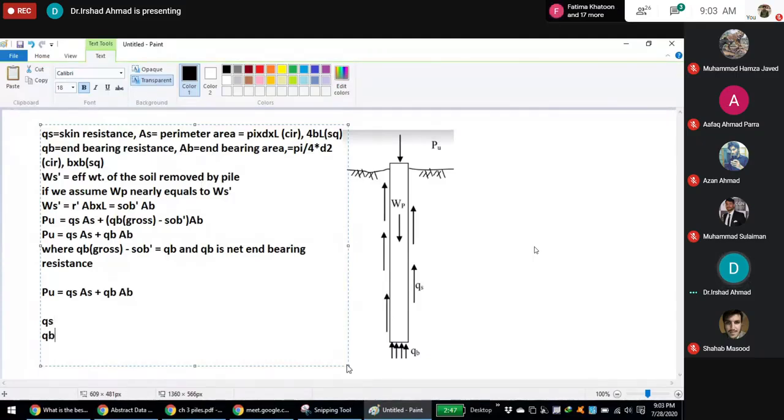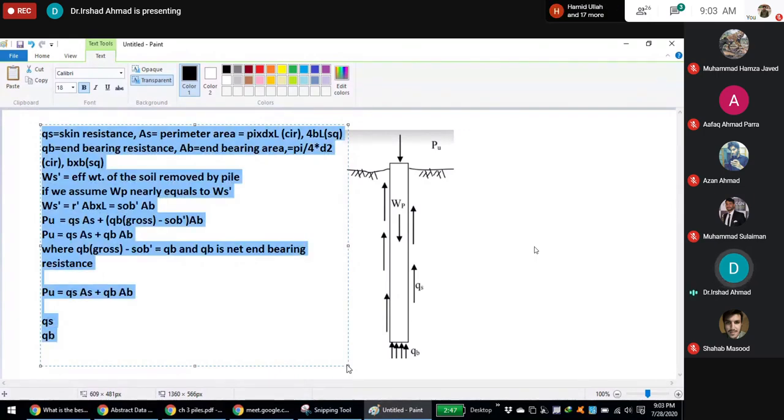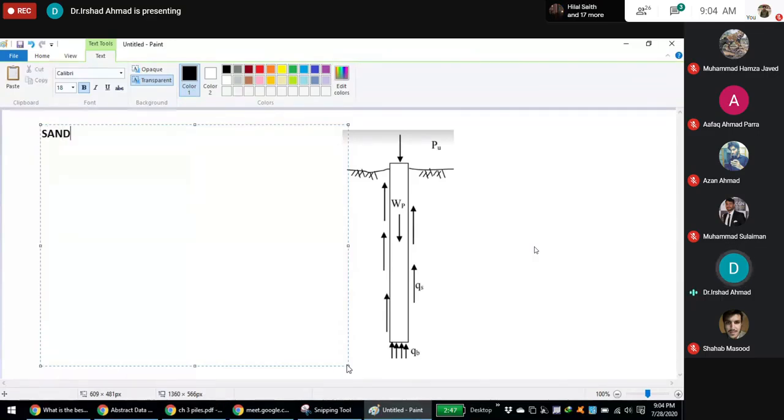Let's find QS and QB for sand. Let's find QB and QS for a sandy deposit. For sand, what would be QB?